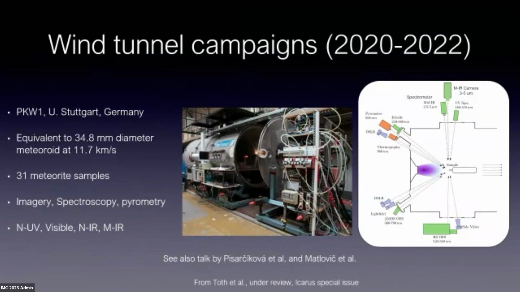Okay, you can't see, sorry, here it is. So this is the wind tunnel facility. It's about 1.5 meters in diameter. So if you stand here, your head should be around here. You have a plasma generated here, and there's a meteorite sample coming into the plasma, and a battery of cameras looking at what happens when you smoke a meteorite, basically.